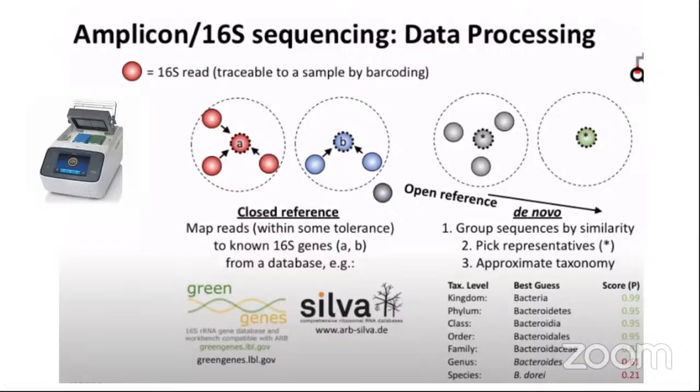So you have a closed reference on that. You can use Greengenes or Silva, softwares that are available to make a closed reference sequencing. For open reference sequencing, you can go for a de novo assembly.